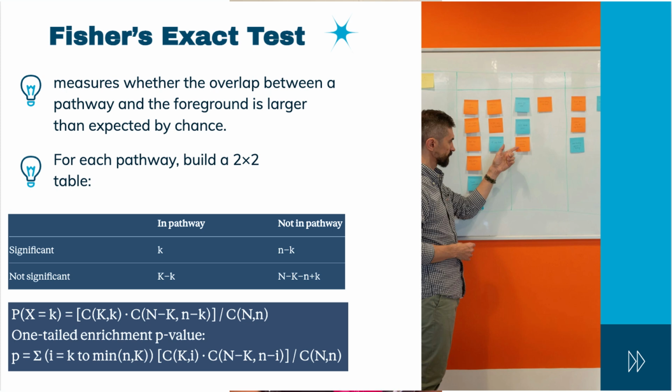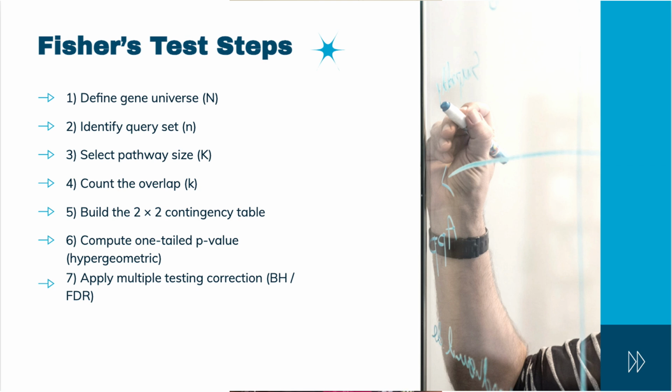Now the variables in this particular test are, number one, the general universe, which is the background set, which is N, and now we identify the query set. In this case, the query set would be our gene list, and it would be denoted by small n.